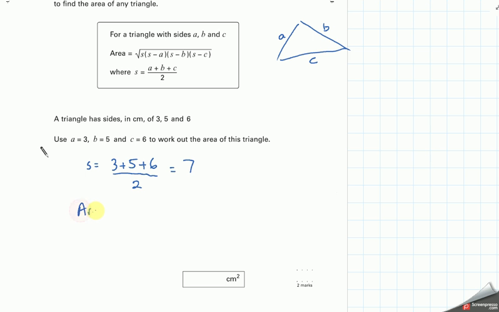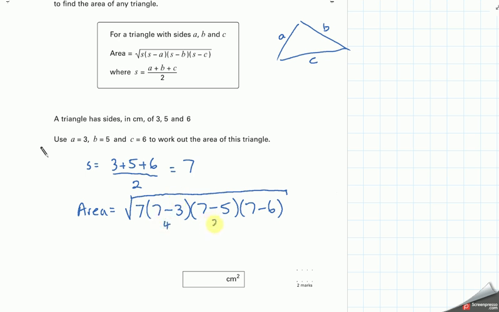So the area is equal to the square root of, we need to put 7 and 7 minus 3 times 7 minus 5 and 7 minus 6. All of that is then square rooted. Now, rather than typing all of these in, I can see the differences are going to be 4, 2 and 1. So I'm just going to do 7 times 4 times 2 times 1 and square root the answer.